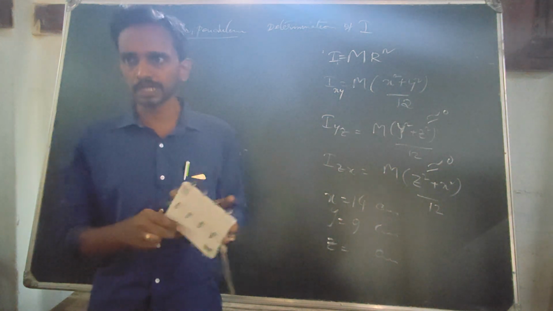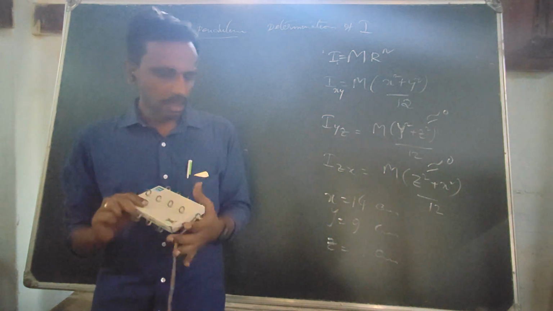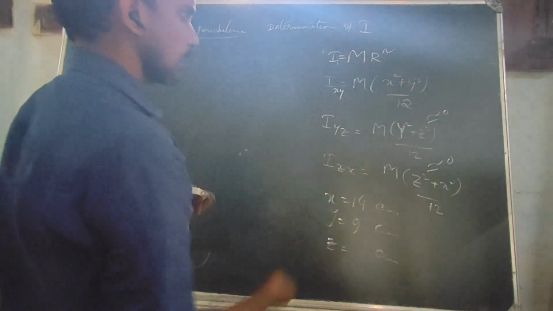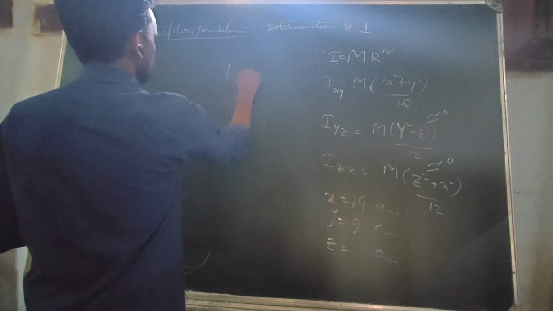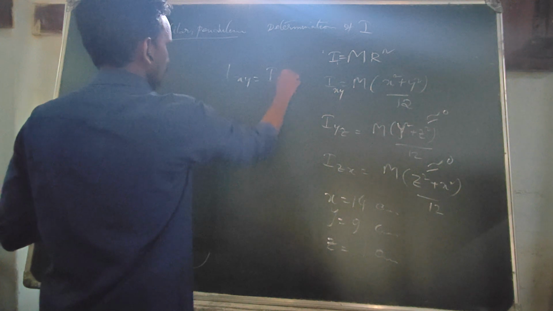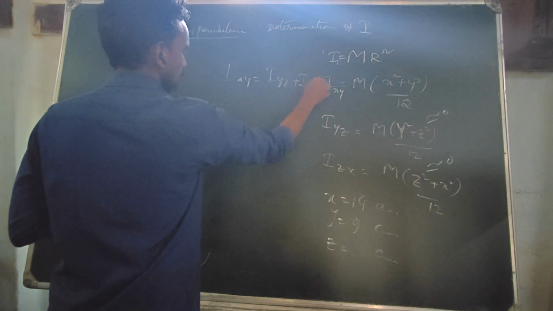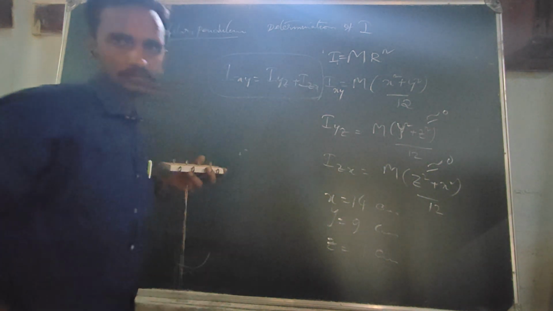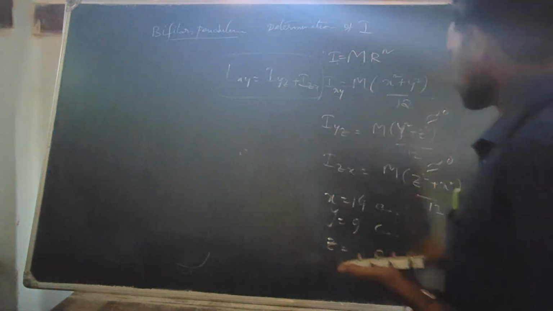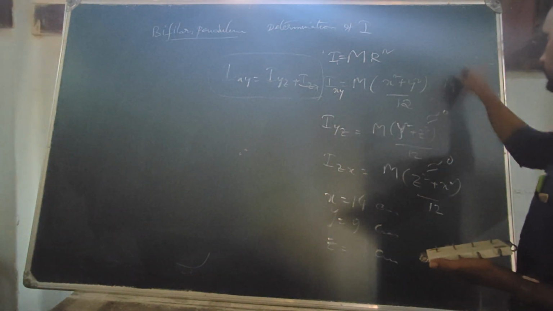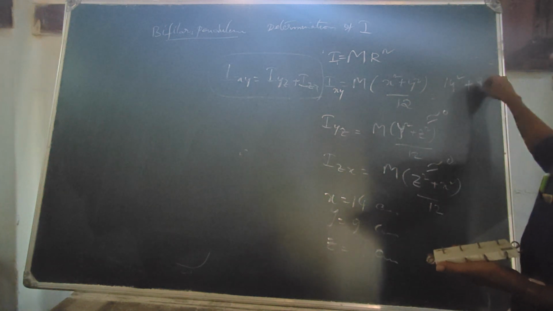So Z is almost negligible. So now, if you ignore that, what can we write? Ixy is equal to Iyz plus Izx. Right? So what is that? X square plus y square? 14 square plus 9 square.